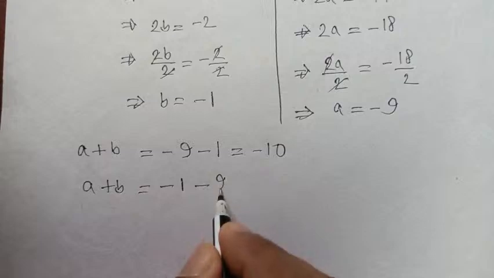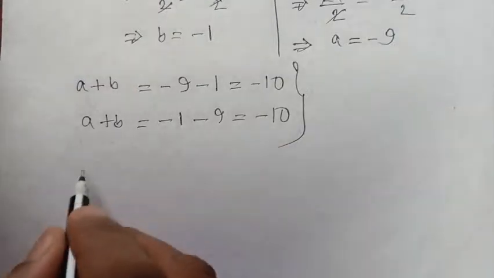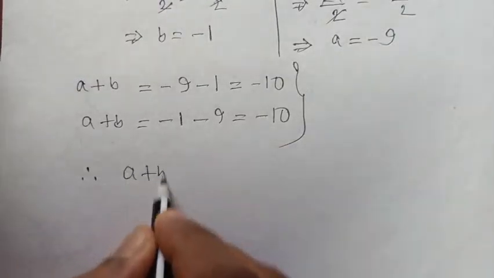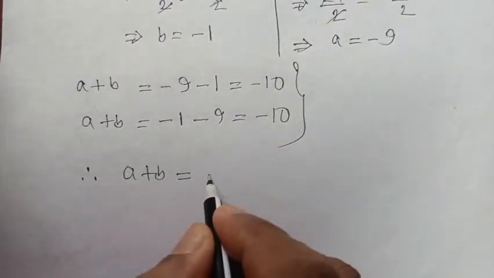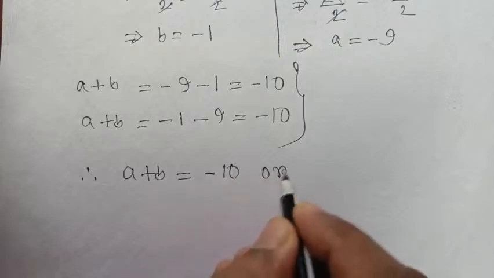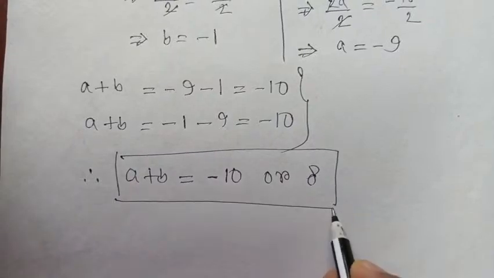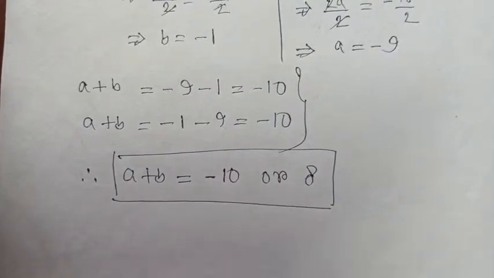So generally we can say that the value of a plus b should be either minus 10 or 8. So we have the values of a plus b as 8 or minus 10.